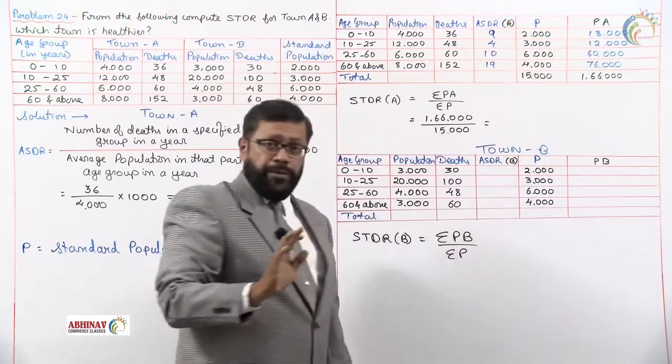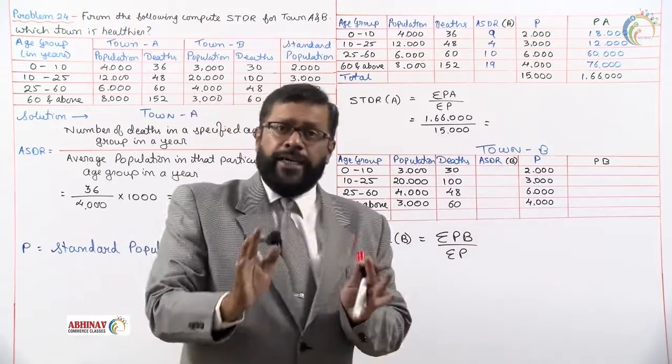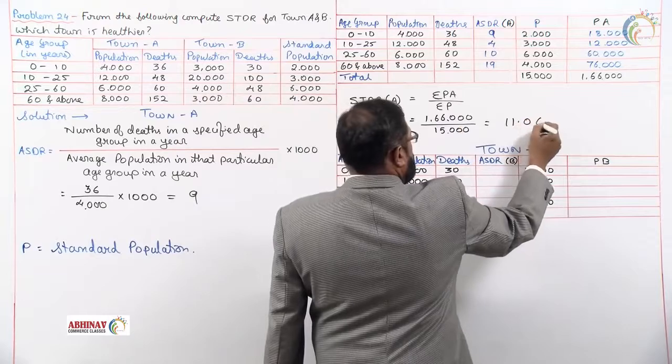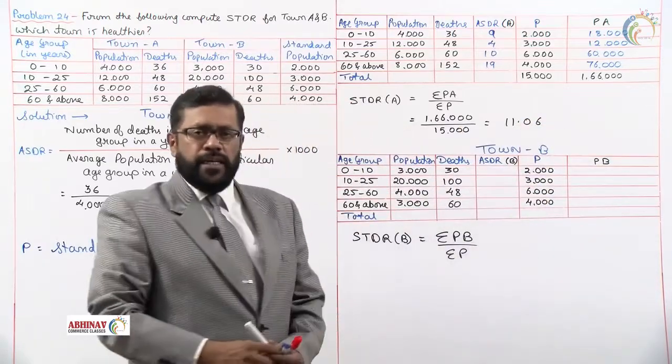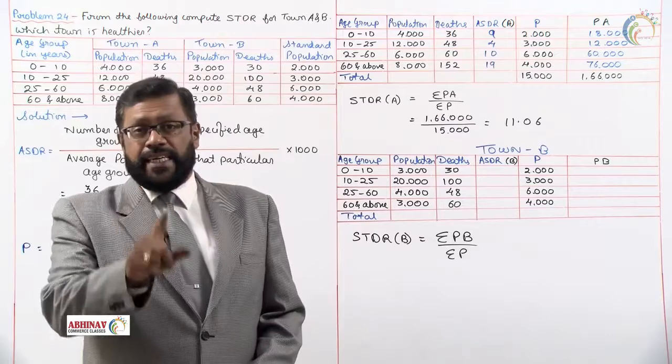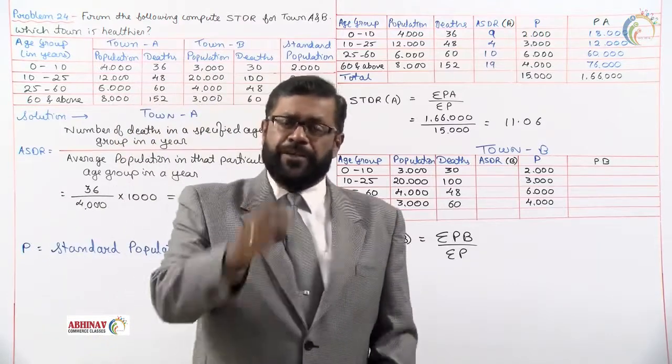Here no into 1,000 because the ASDR we have got is already into 1,000. The answer comes to 11.06. So the standardized death rate of town A is 11.06, which means considering the standard population.